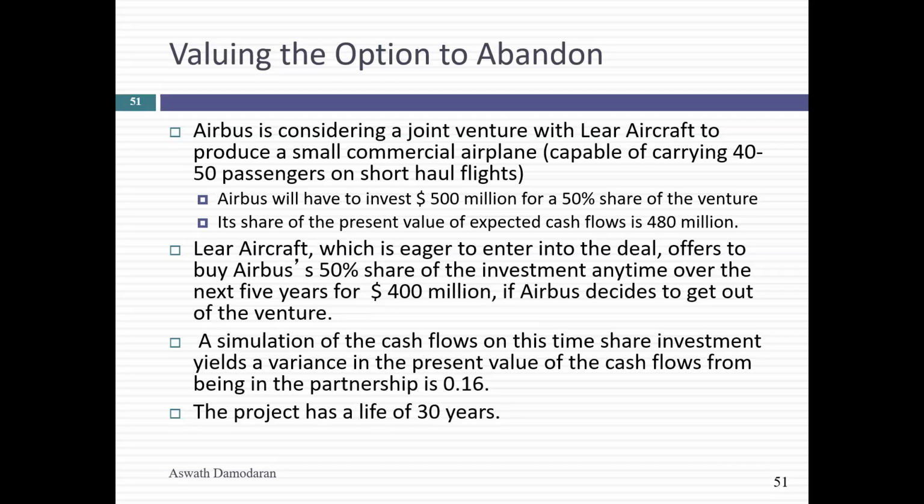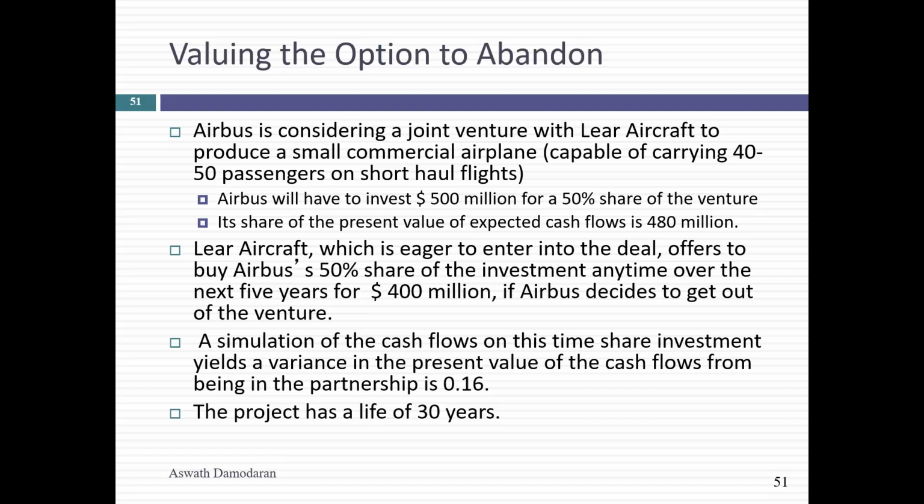So I offer you an add-on. I say, look, I know the net present value is minus 20 million, but if you invest and you change your mind anytime over the next 5 years, we will buy your 50% share back from you for 400 million. That's 100 million less than what you've invested. But basically, I'm saying you cannot lose more than 100 million.